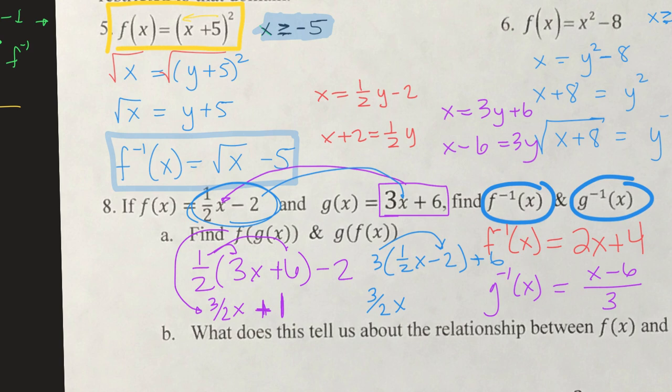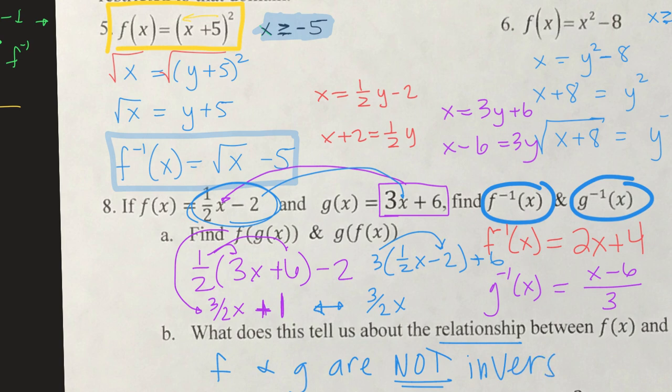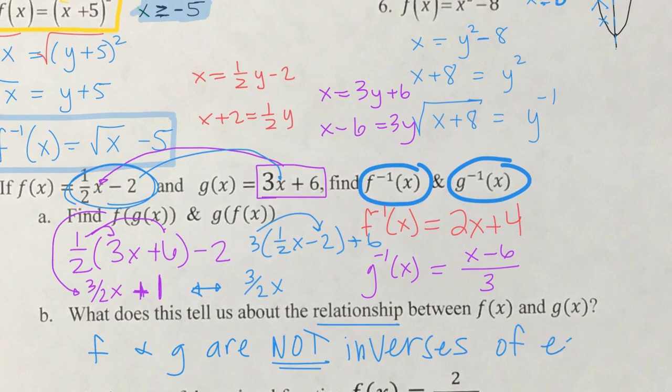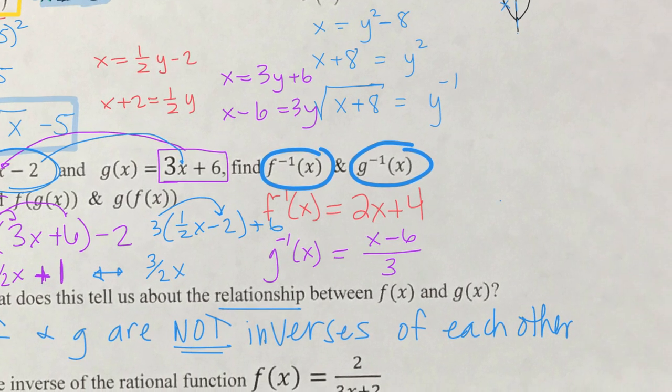So this is f of g of x. Okay, now it says, what does this tell us about the relationship? Well, not a whole heck of a lot, but what it does tell us is that f and g are not inverses of each other. Okay, I guess that's the only thing it's supposed to tell us. f and g are not inverses of each other, because if they were, each of these things would simplify down to x.